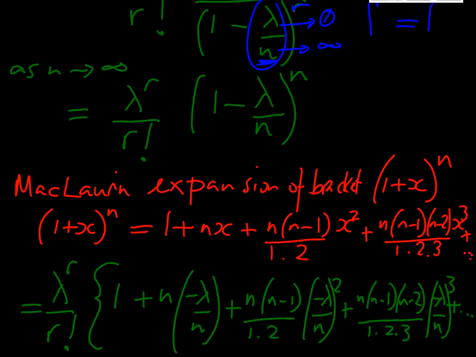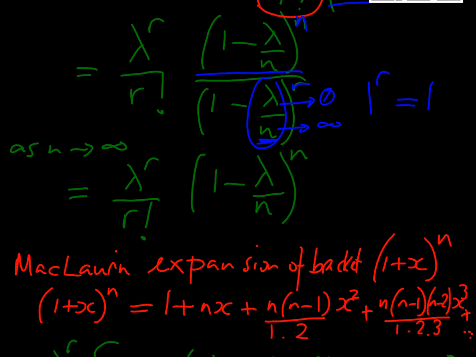So on the next line down we can see that we've now got our lambda to the r over r factorial, which is what we wanted, and we've got (1 minus lambda over n) to the power n. How are we going to deal with this term here? Well, we are going to use Maclaurin.